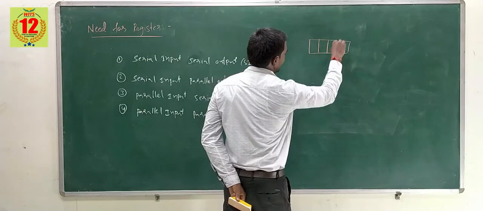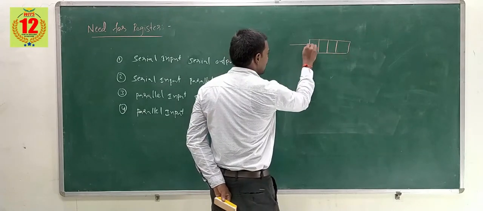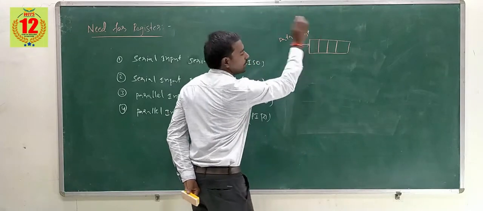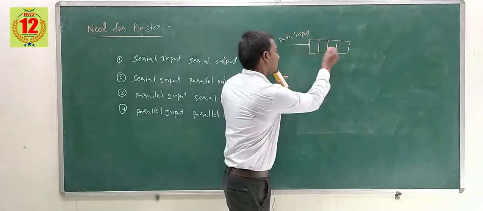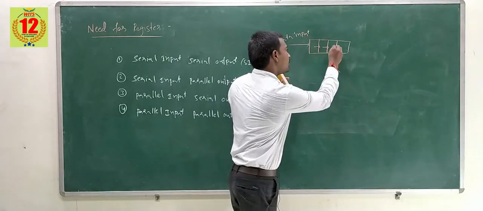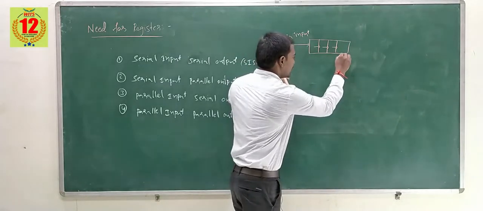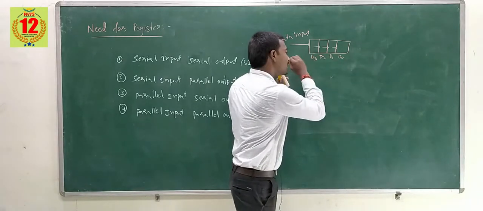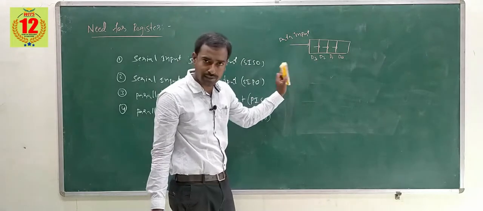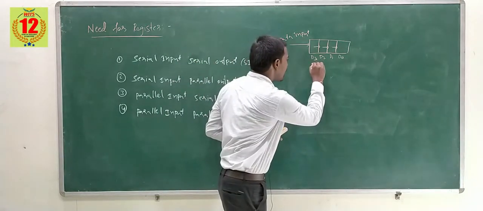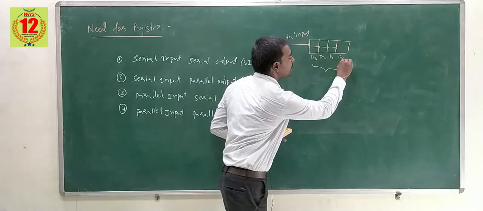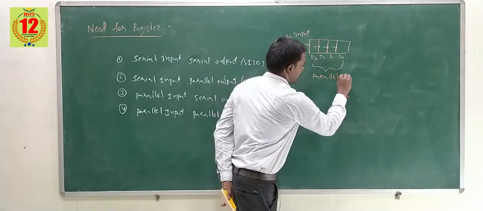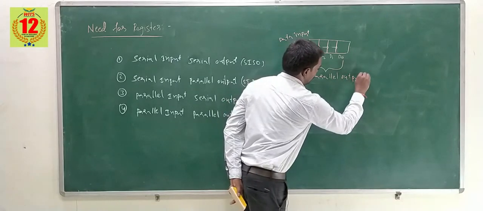And here I am taking a 4-bit register, I am giving the data input, and this data input is shifted in serial form, and these are D0, D1, D2 and D3, that is 4 bits of data, and the 4 bits of data will be collected in parallel form, that is parallel output.